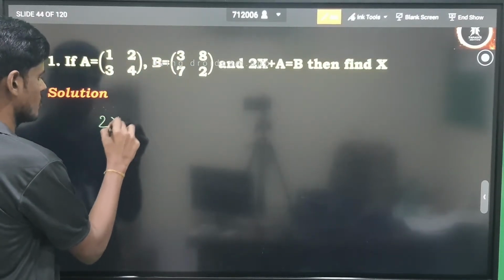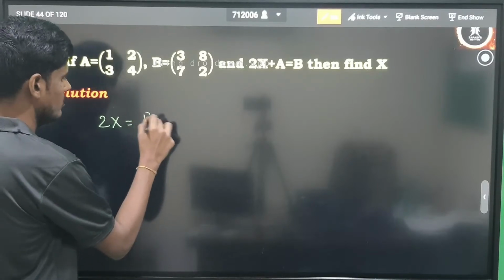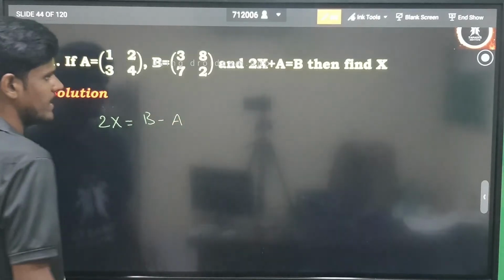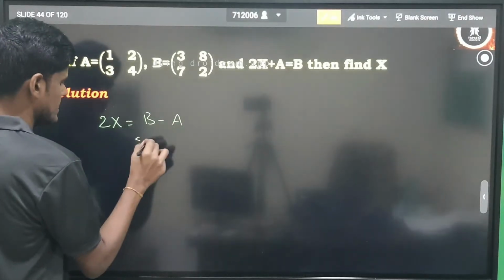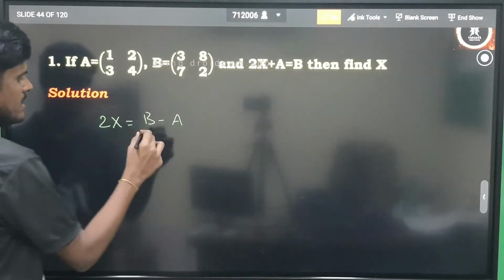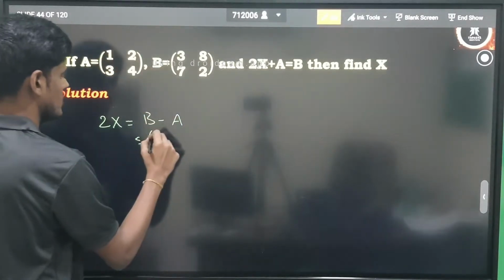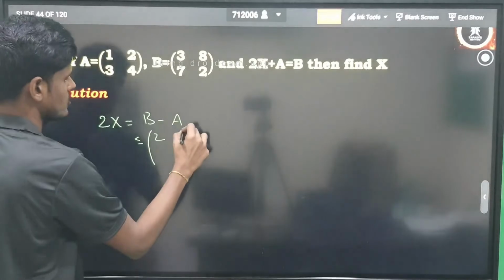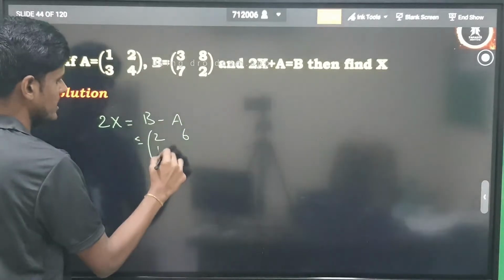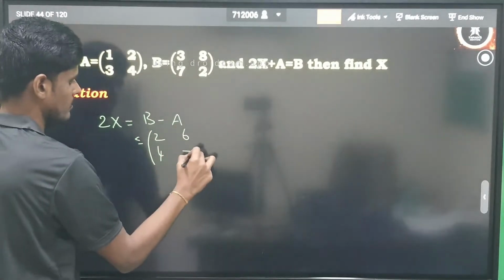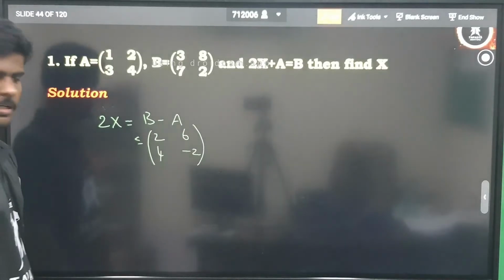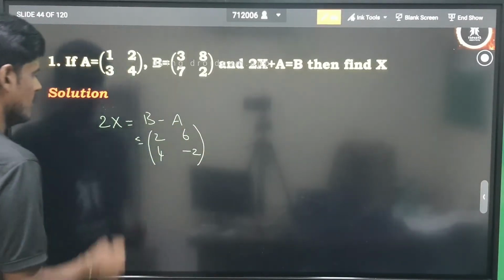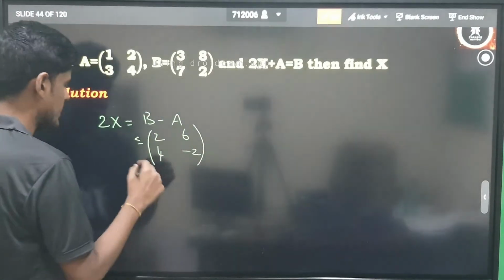Which means 2X will be equal to B minus A. What is B minus A? 3 minus 1, 2, 8 minus 2, 6, 7 minus 3, 4, 2 minus 4, minus 2. Now this is B minus A. 2X is B minus A. What is X?